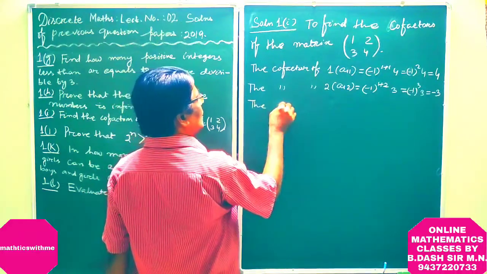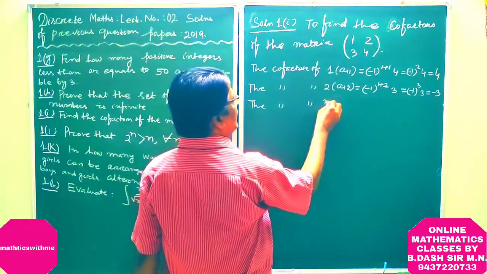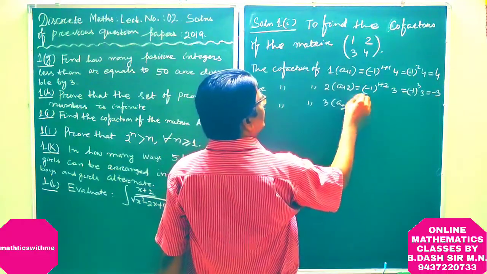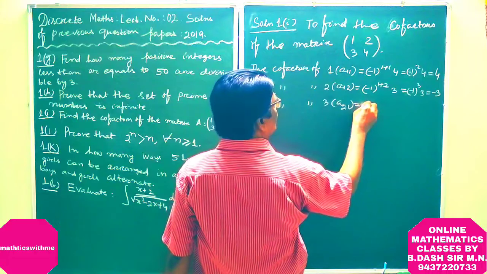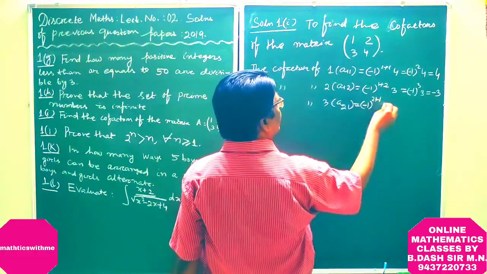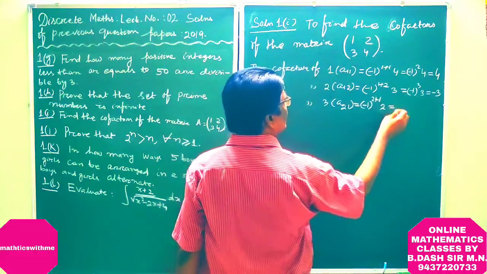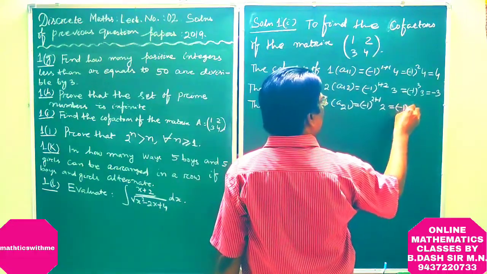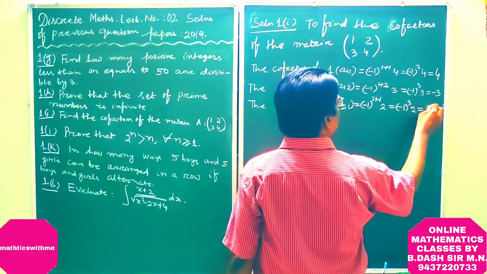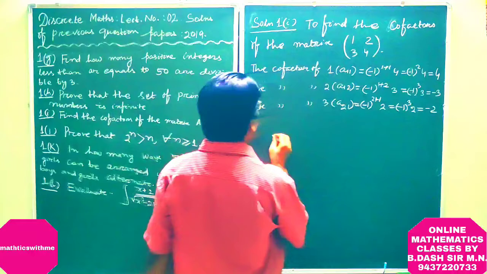The cofactor of 3, that is A21, is equal to minus 1 to the power 2 plus 1 into 2. That is equal to minus 1 to the power 3 into 2, which is equal to minus 2.